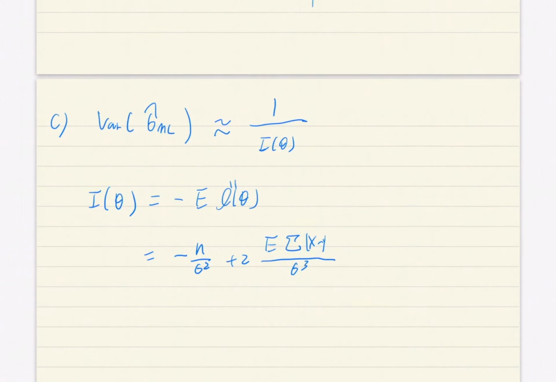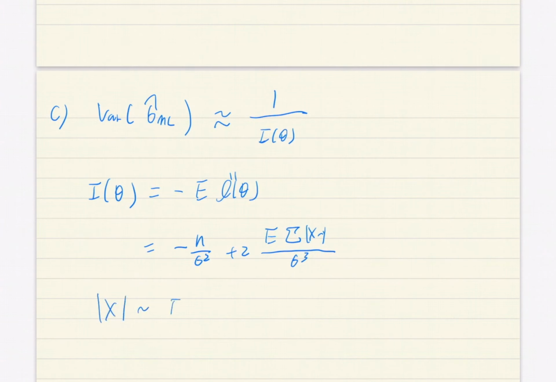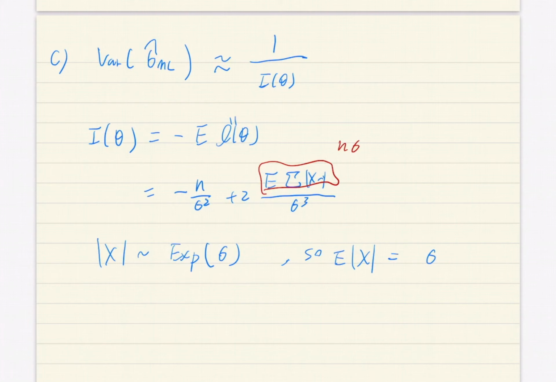Okay, now we have to use the property. This one is approximated by the exponential with parameter sigma. So the average of the absolute value is equal to sigma. So now this term is equal to n sigma. So now we can get n over sigma squared.